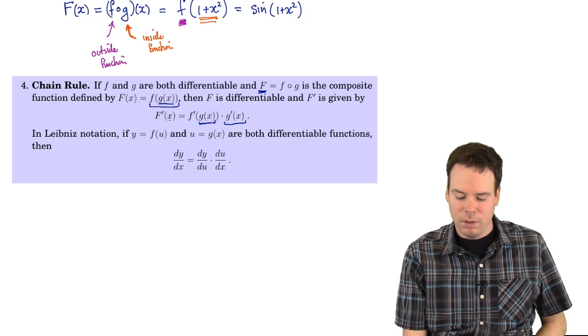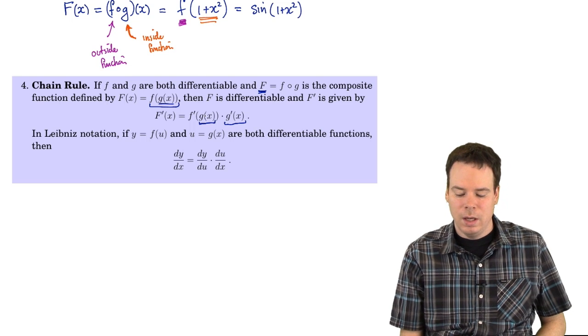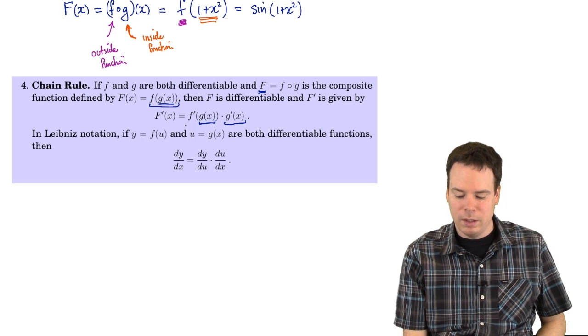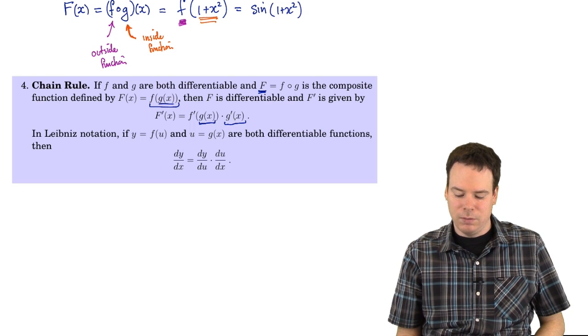So to compute the derivative of the composition, you take the individual derivatives of the pieces, the inside and the outside functions, and you put them together in this way. Derivative of the outside evaluated at the inside, and then times the derivative of the inside function.